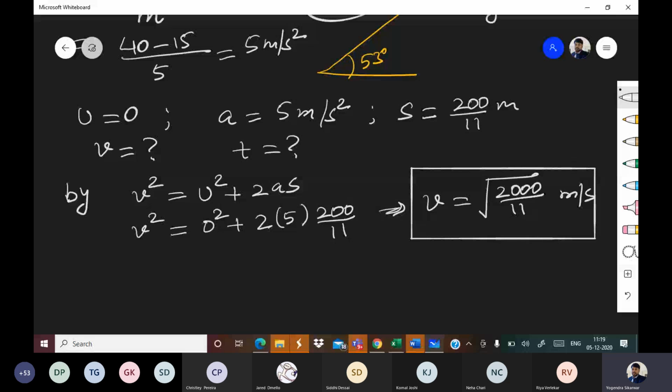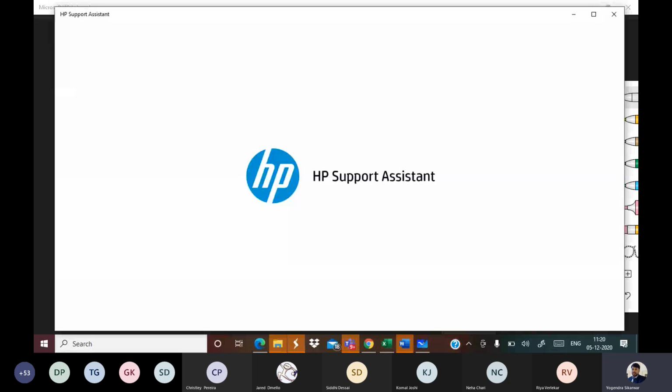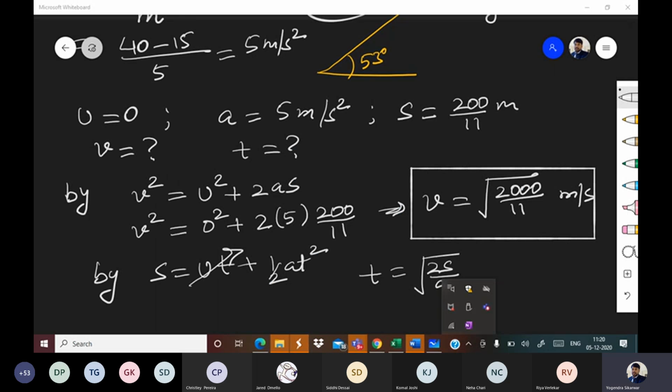Okay, this is velocity. Now comes time. So by s is equal to ut plus half at square, u is 0. So t will be under root 2s upon a. Let us put values in this.